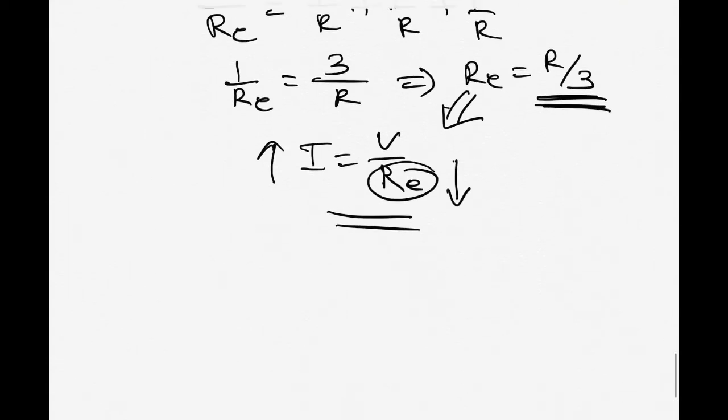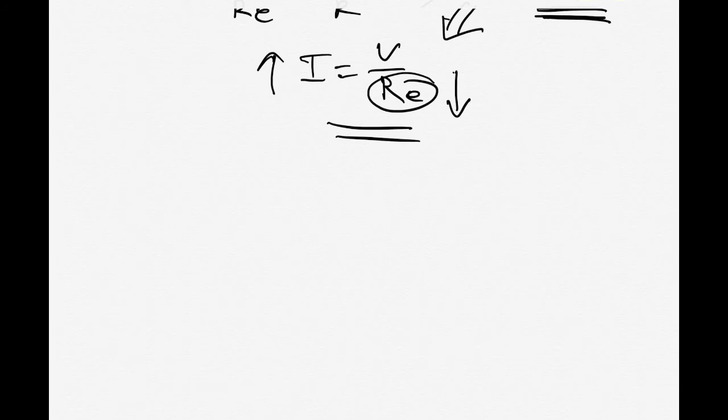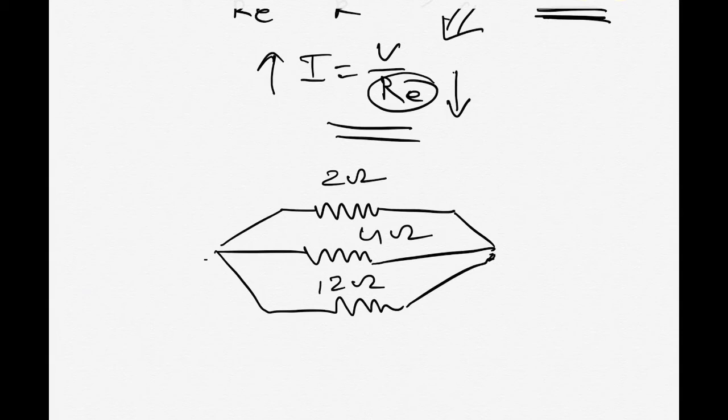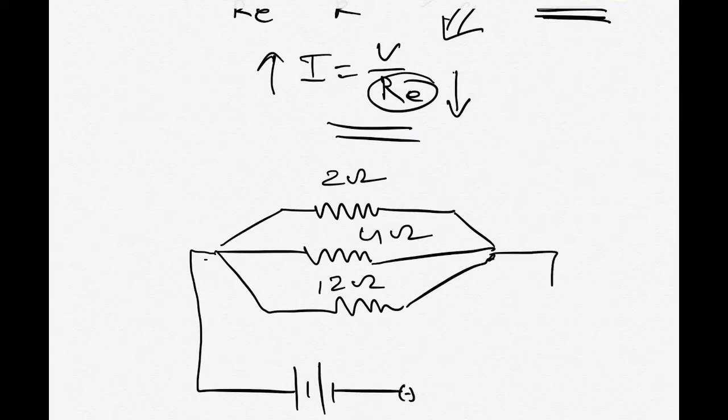Now let's take an example. Let's consider three resistors. Here the first is 2 ohms, the second resistor is 4 ohms, and for the third resistance, let's take 12 ohms. Now connect this combination of resistors with an energy source.